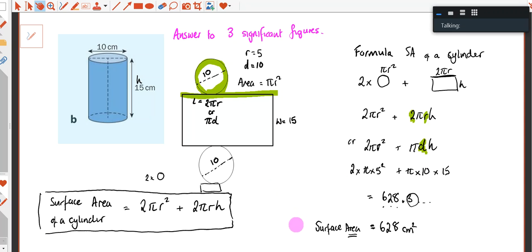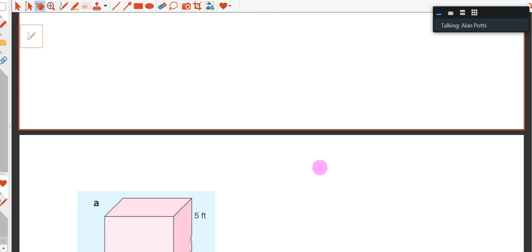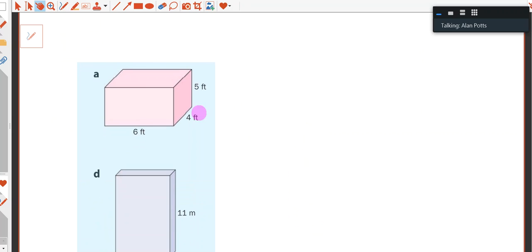All good? Okay, right, the next thing I want to be able to do, guys, we're not jumping straight into volume of a cylinder. I would like to know whether you can work out the volume of a prism, because we should have done this last year, but I think this is the point we got mixed up with lockdown last year.